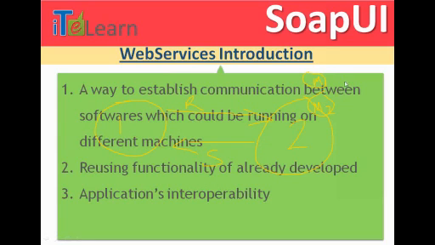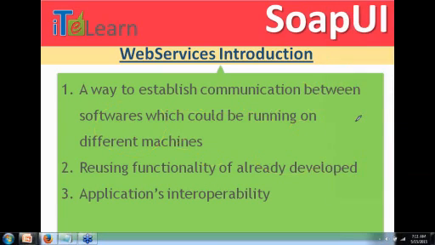Let me erase this. As I said, there are a lot of products which have already been developed on old technologies, you can say on mainframe or some old technologies. So how will they communicate with newly developed software? What they do is expose some methods or functions to the outside world, so that this way we can reuse that functionality.